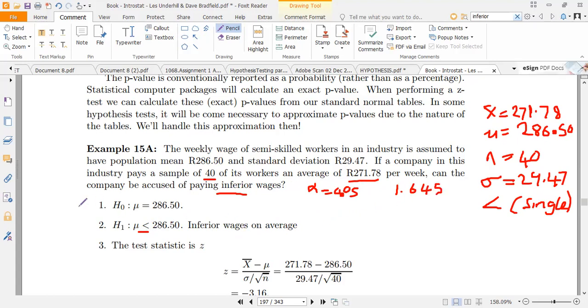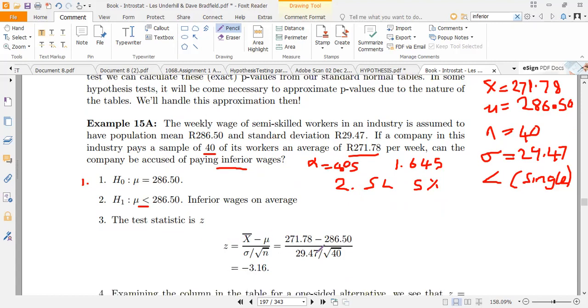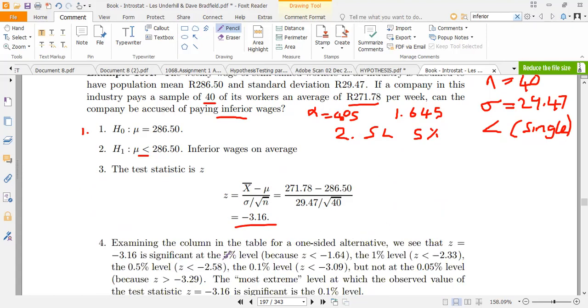So step 1, state the hypothesis. Step 2, level of significance: 5%, which has a Z of 1.645. Step 3, calculate the Z, which gives you negative 3.16. Then you compare. At 5%, our Z is negative 1.645.